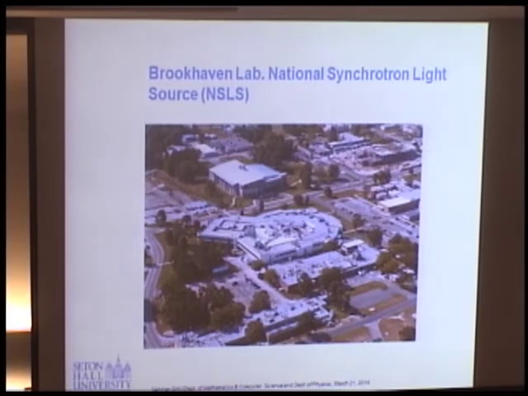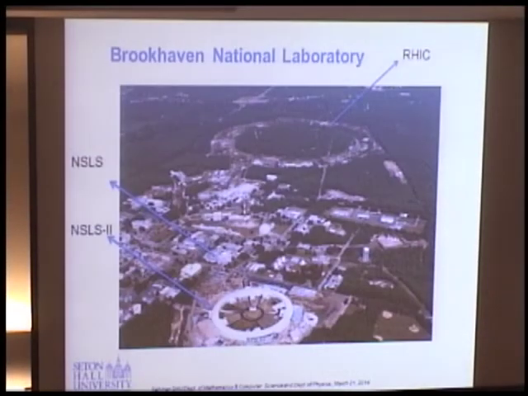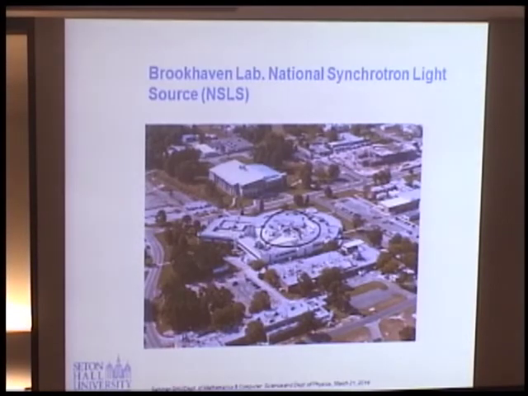So synchrotrons are circular laboratories. They are not particle colliders. They are just accelerating electrons or positrons, anti-electrons, through circles. Why do you do that? If you accelerate an electron in a circle, that's basic physics, radiation.